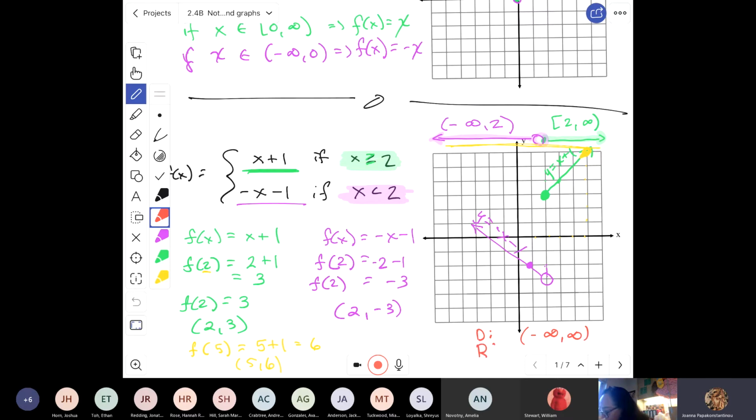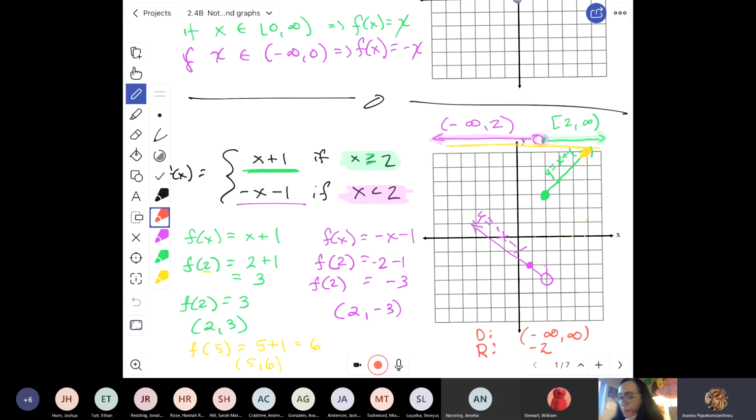Now, the range, if I'm reading the graph, is the smallest y value that is defined. How would I write this as an interval? The range. Does anybody? Negative 3? Well, the lowest value that I see is negative 2, but is it included?